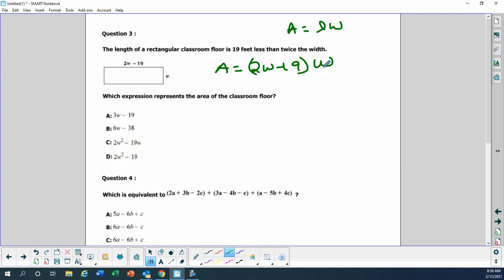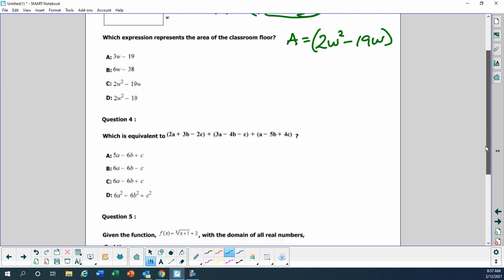Since it's multiplication, you're multiplying both terms by w. So 2w times w is 2w squared, minus 19w, because w times 19 is 19w. That's the one you have to pick.